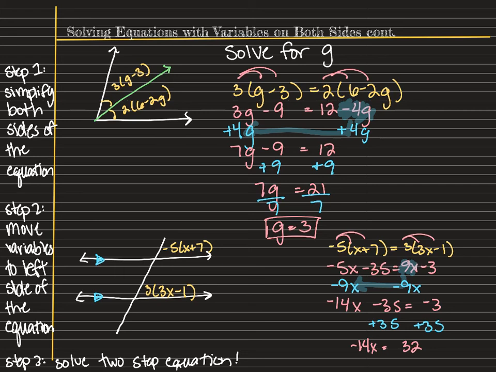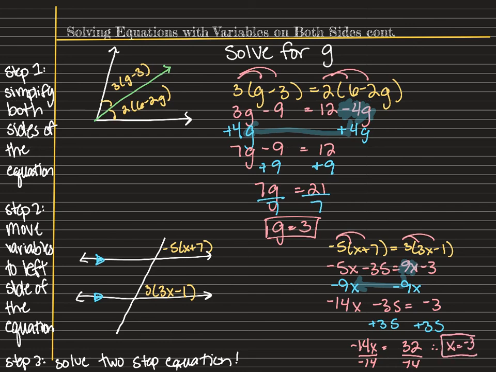To finish solving, I need to divide by my coefficient, negative 14. So I'm going to divide by negative 14 on both sides.